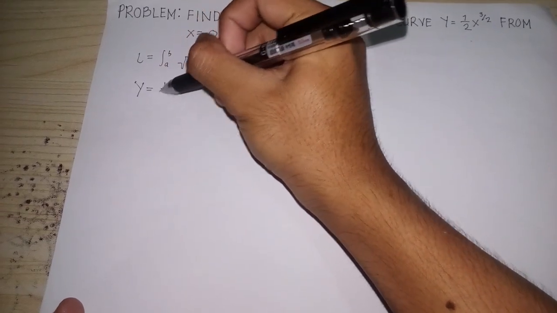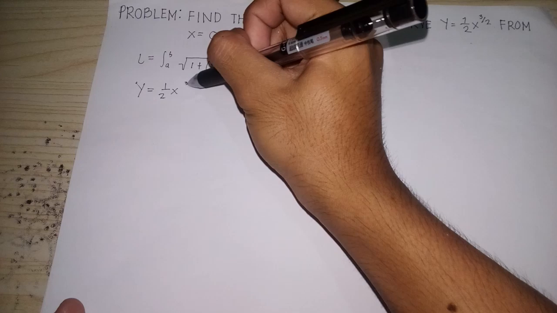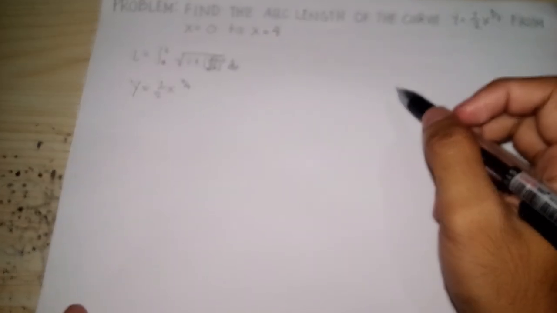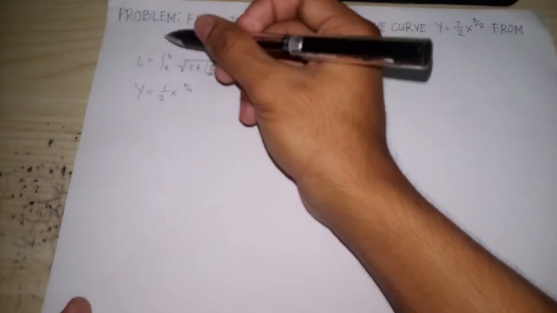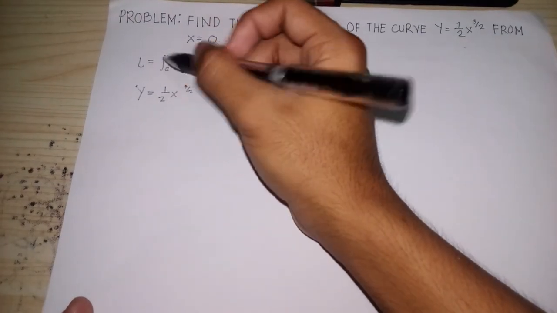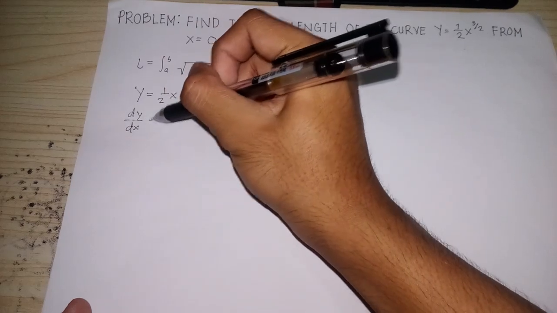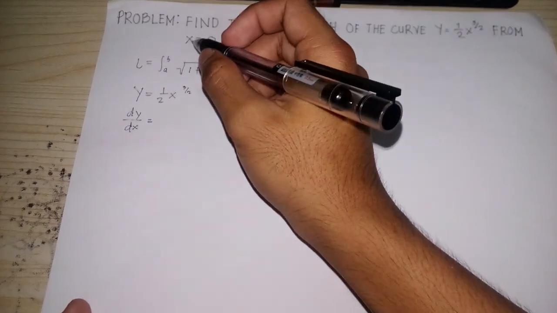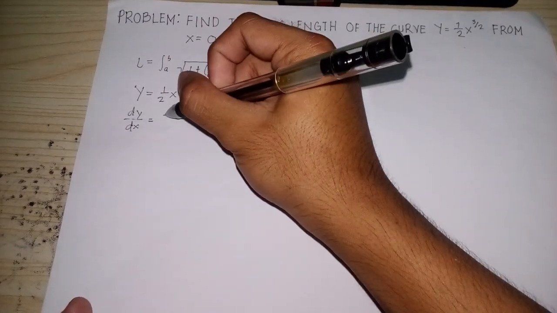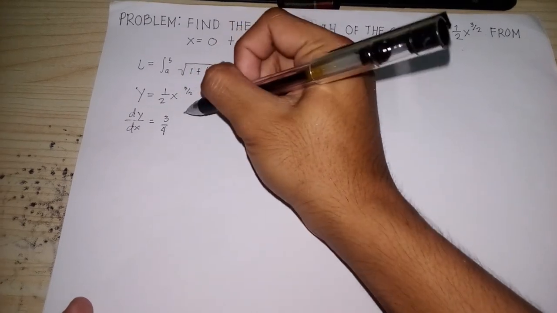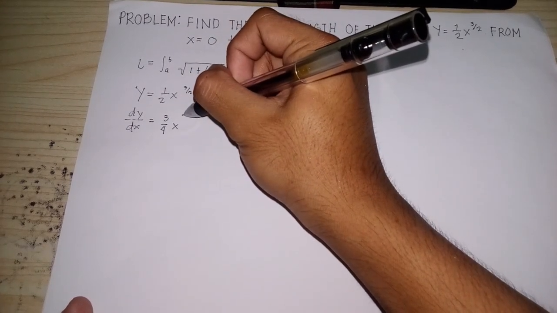So our y is 1/2 x raised to 3/2. If we derive this, it should become dy over dx is equal to 3 over 4 x raised to 1/2.